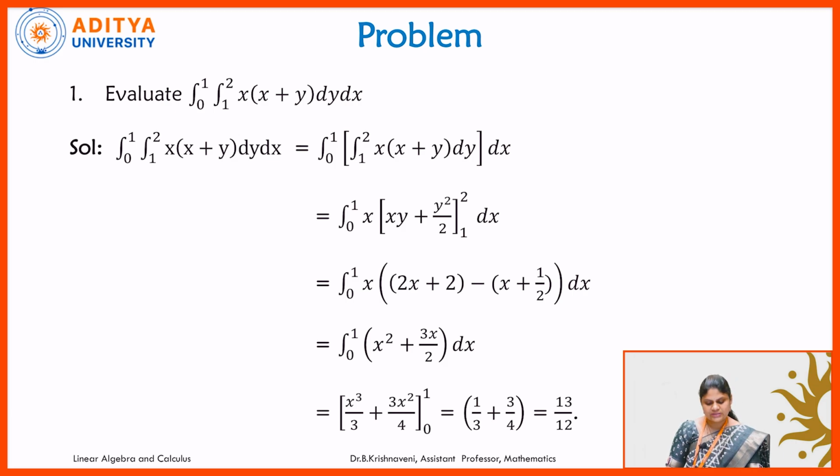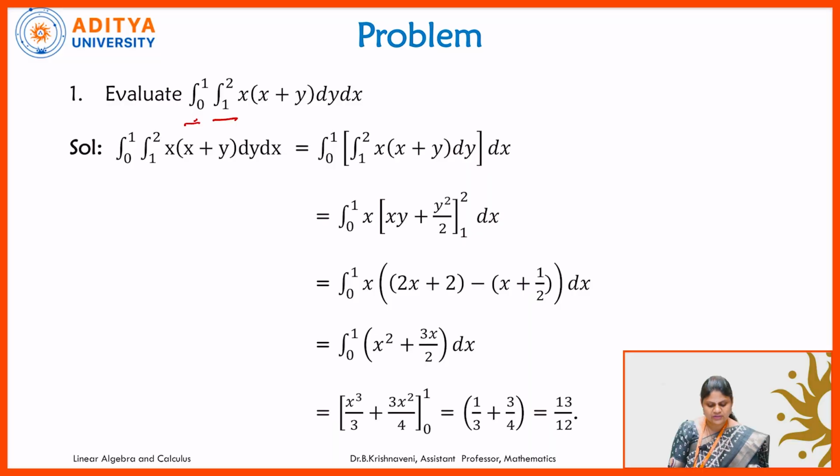So now let us see the questions regarding evaluating double integrals when the limits are given in the question. The very first question is: evaluate integral 0 to 1, integral 1 to 2, x into (x plus y) dy dx. Here it is very clear that all the limits are constants.